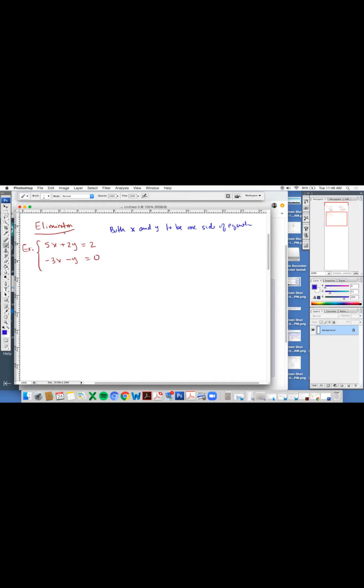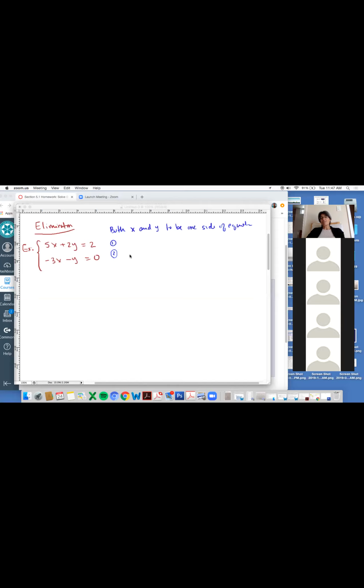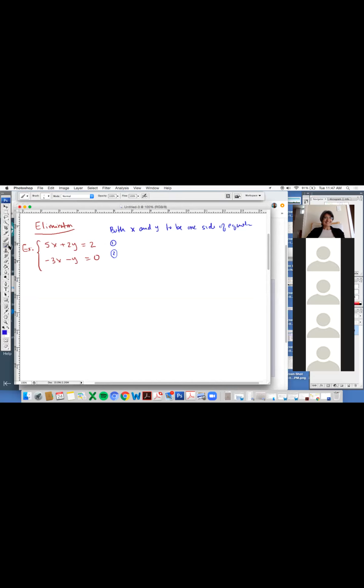So the idea with elimination, I have my first equation and second equation. We want to add the equations, looking in columns.